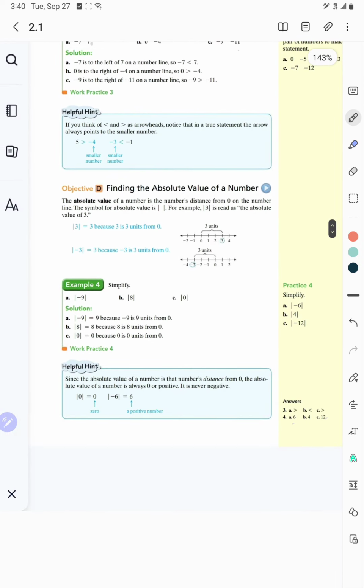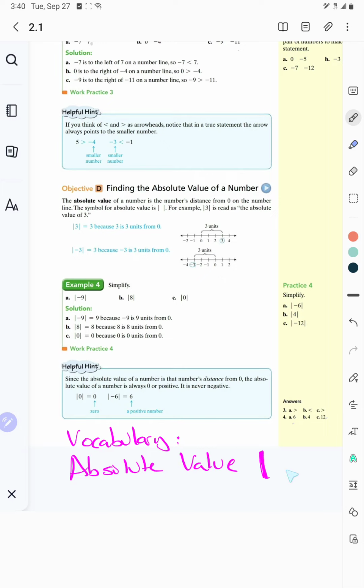Next is the absolute value of a number. The definition of absolute value as a vocabulary word: the absolute value symbol is 2 bars that are straight up and down.